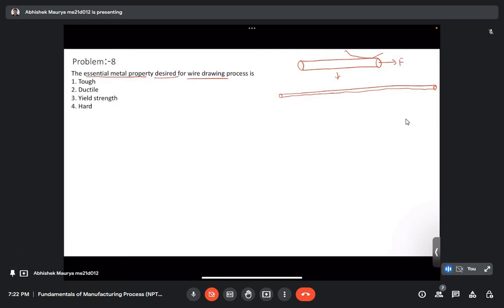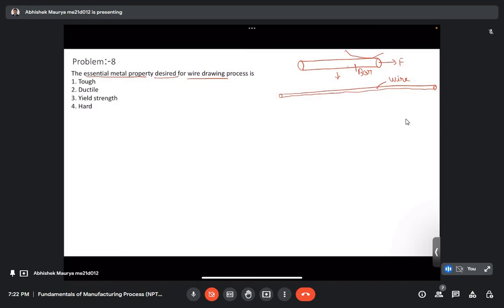If the material has the ability to get elongated, only then can this bar be converted into wire, and that property is called ductility.